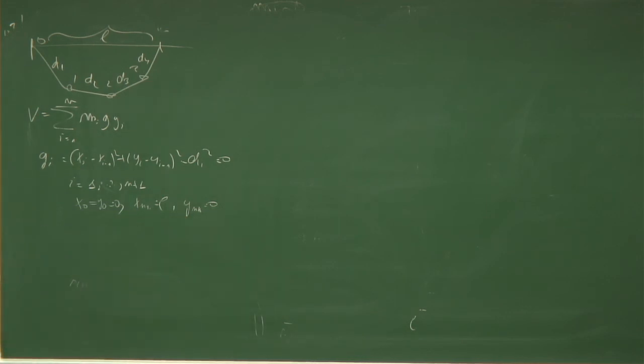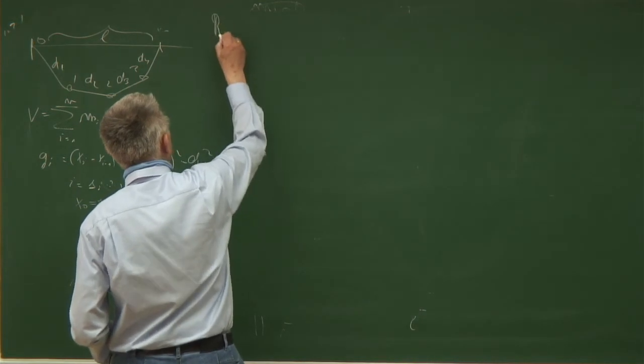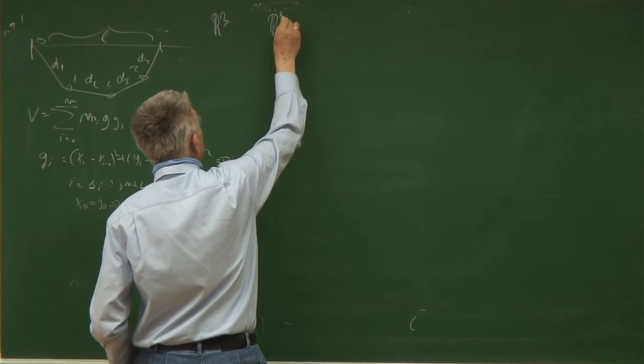So, now, I have proved to you that if you look at this catenary in the space, so in R^3, that means that the whole space is R^{3n}.